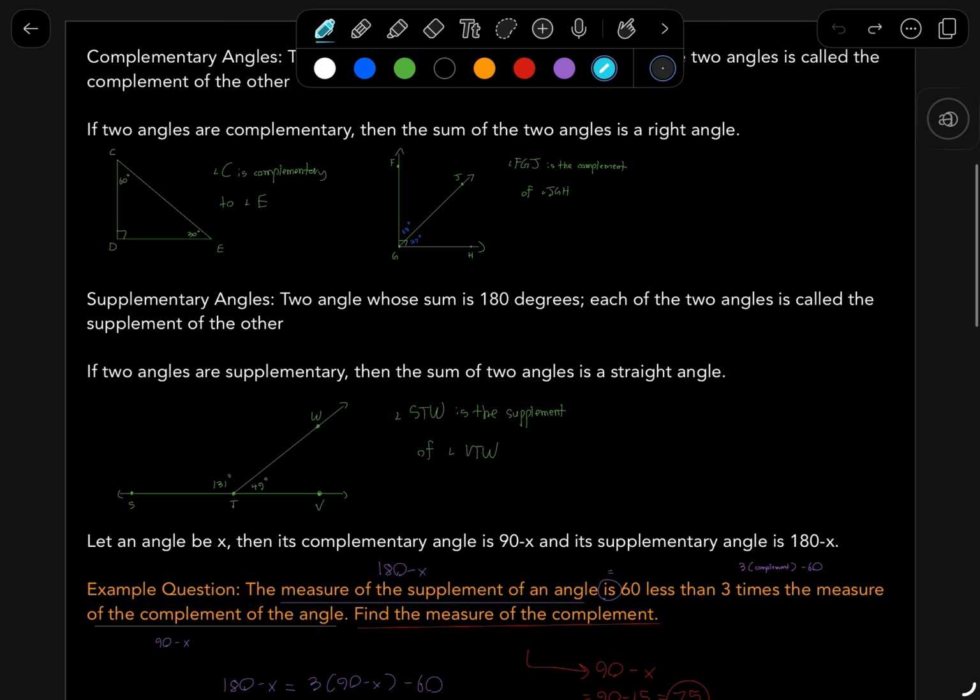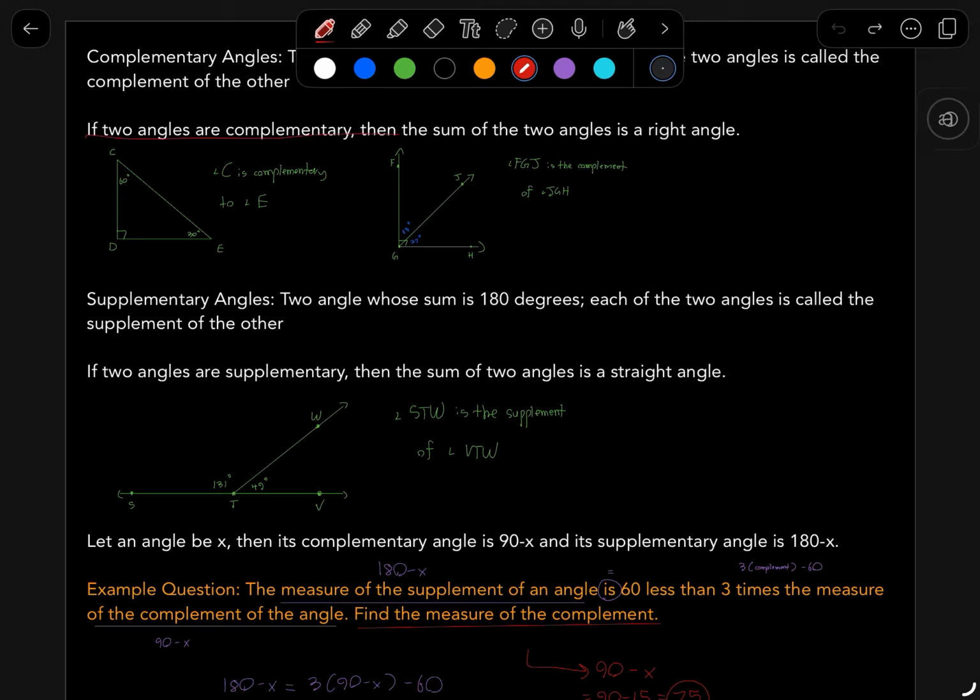I mentioned there are some theorems you have to memorize. The ones you have to know here I've highlighted in red. If two angles are complementary, then the sum of the two angles is a right angle. And of course, the same logic applies for supplementary.